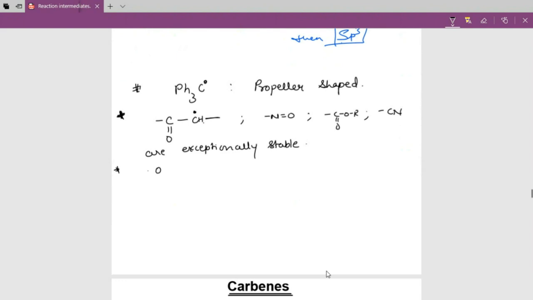Similarly, radicals which are formed adjacent to an atom with a lone pair are also very stable.